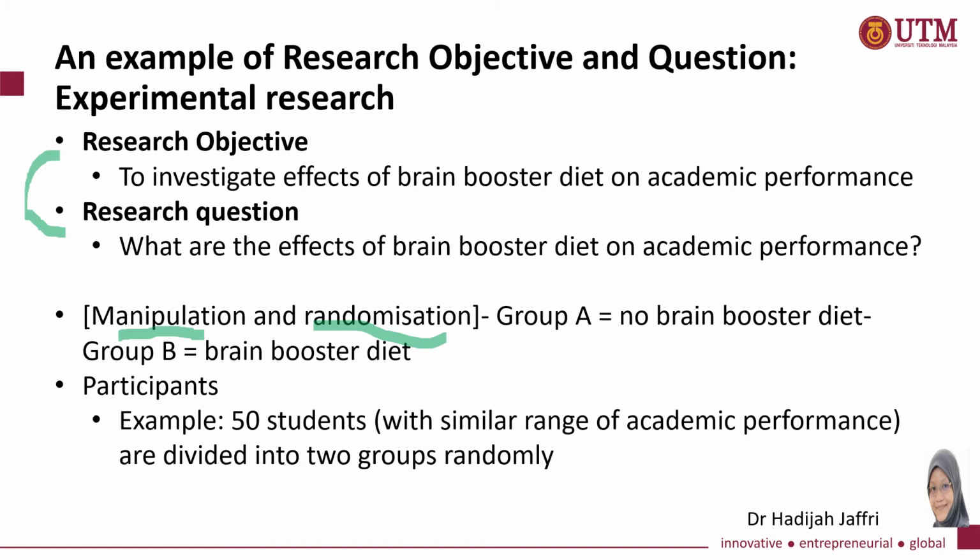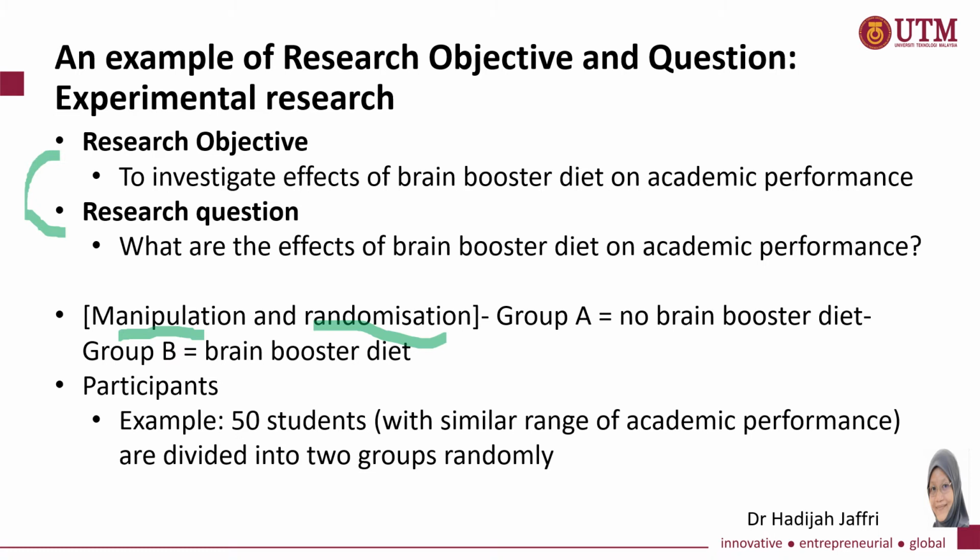Manipulation in terms of there will be a control as well as an experimental group, in which in the control group the students won't be exposed to the brain booster diet, meaning they might take the normal diet, whereas in group B, the experimental group, they will be exposed to the brain booster diet over a certain period of time, and later on they will be evaluated based on their academic performance to show whether there are certain differences which can be related to the brain booster diet or no brain booster diet.